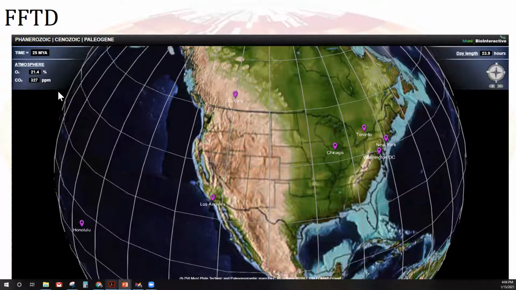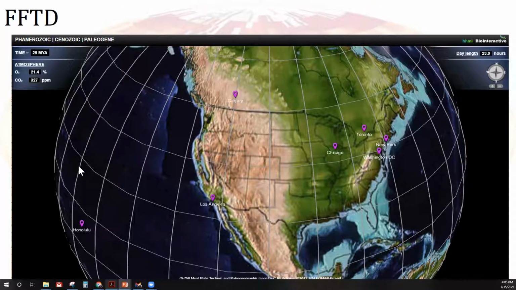But I like this because, fun fact, this is 327 parts per million for carbon dioxide, and look at how much ocean we had at that point. We would probably be underwater. It's really hard to say. We're somewhere in here, right? At least most of us. So we might be okay, but certainly Bandon and Brookings and most of the Oregon coast is underwater in this time period.